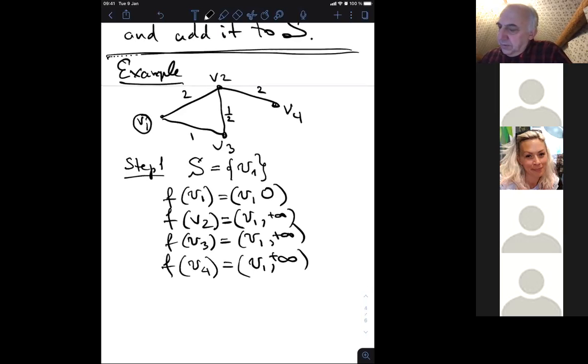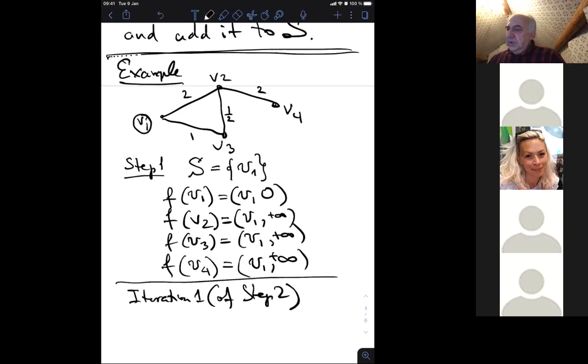Okay, now first iteration. So I will be doing my step 2 the first time. Iteration 1 of step 2. So what is it that I have to do? I have to look at all vertices which are outside S, so V2, V3, V4, and see if there is an edge connecting me to elements in S, in this case to V1.